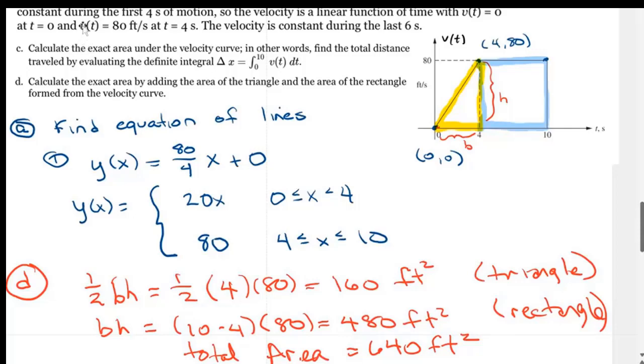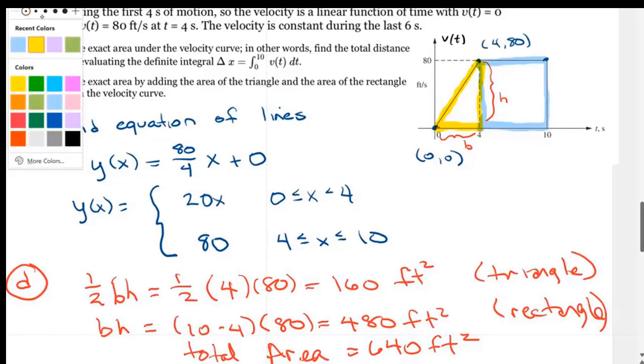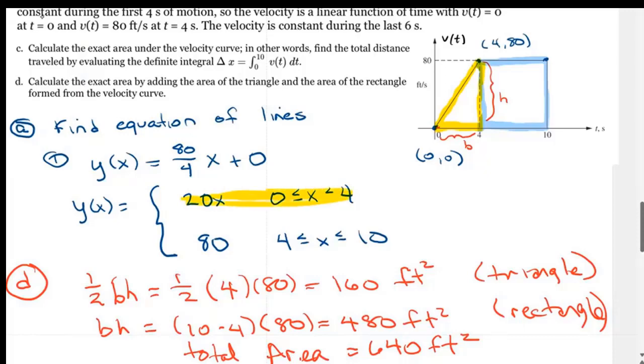The acceleration is constant during the first 4 seconds of motion. Now, the first 4 seconds of motion are here. And remember, this is actually v of t. So if I took the derivative of this part right here, which is the straight line, notice I would just get 20, which is a constant. So the derivative of the velocity is the acceleration.